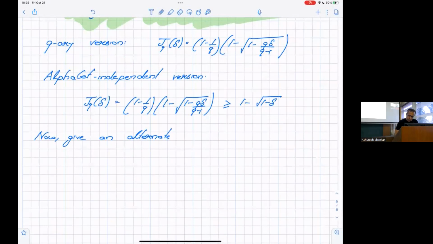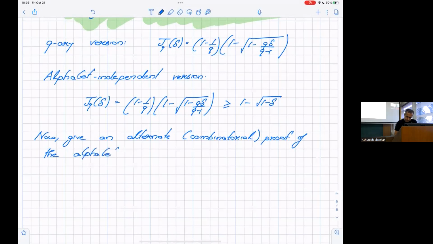If you recall, the original proof of the Johnson radius used a geometric lemma, going from the Hamming metric to the Euclidean metric, similar to Plotkin. We will not do that. We will give a combinatorial proof, also called the Johnson bound.